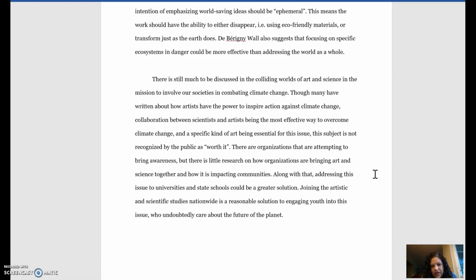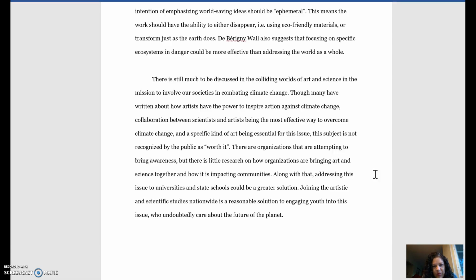There are organizations that are attempting to bring awareness, but there's little research on how organizations are bringing art and science together, and that is how it is impacting communities. Along with that, addressing this issue to universities and state schools could be a greater solution. Joining the artistic and scientific studies nationwide is a reasonable solution to engaging youth in this issue who undoubtedly care about the future of the planet.